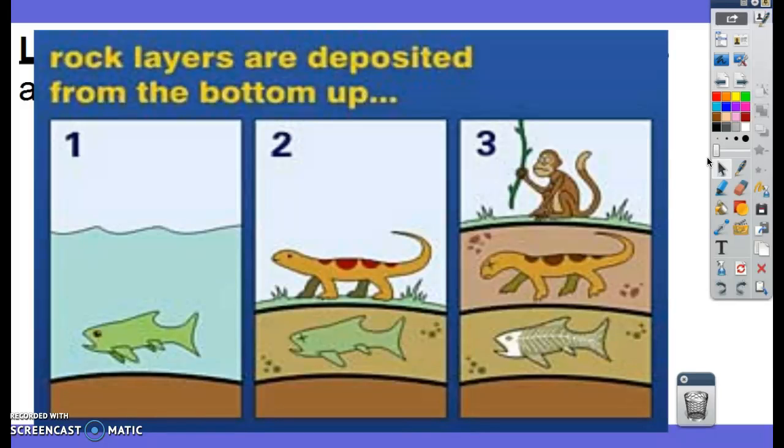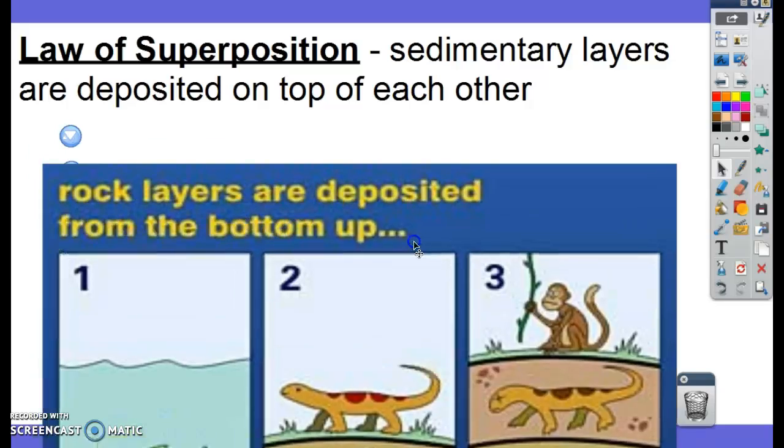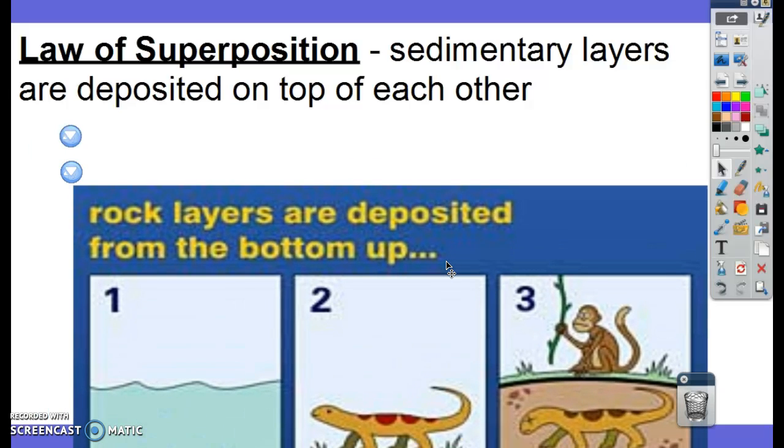So the law of superposition is kind of a funny sounding law, but what this says is that the oldest rock layers are on the bottom. Sedimentary means rock layers are deposited or laid down on top of each other.